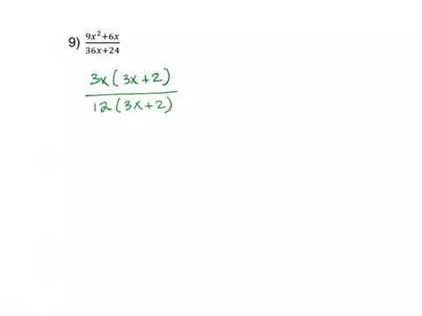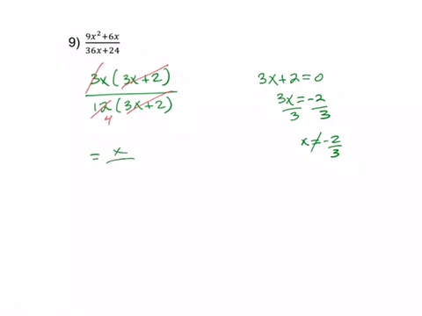Again, before I simplify, I'm going to set my denominator equal to 0. 12 is a constant, that's not going to change, so I can just set 3x plus 2 equal to 0. 3x equals negative 2, so x equals negative 2 thirds. So x cannot equal negative 2 thirds. Now I'm going to simplify whatever I have in common. I can cancel out the 3x plus 2. I can simplify that 3 with that 12, and that becomes a 4. So the simplification is x over 4.